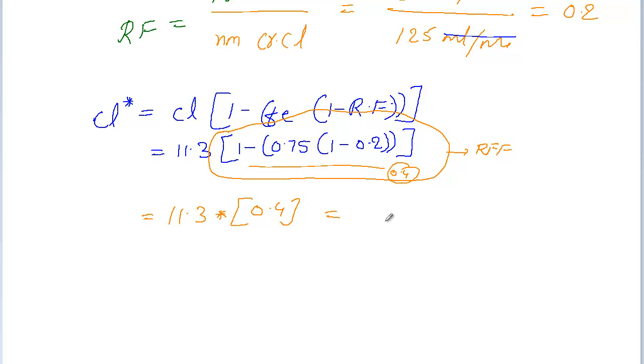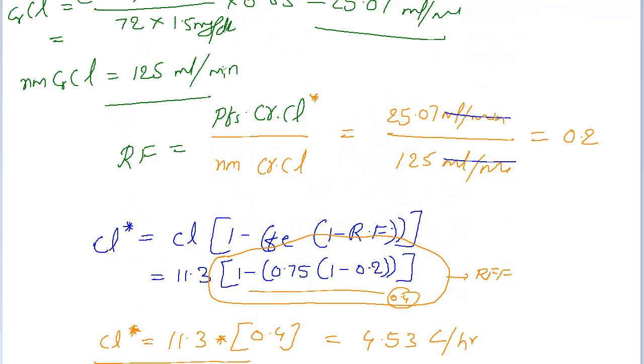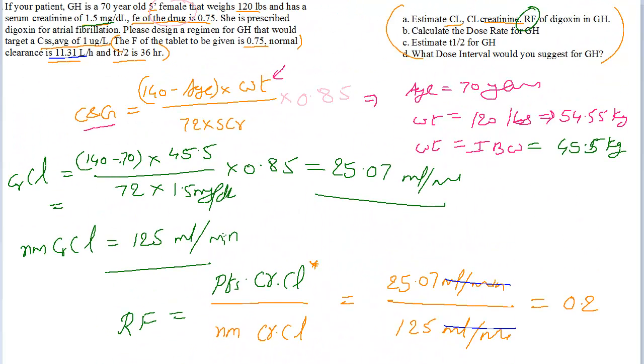Now if you multiply 11.3 times 0.4, the clearance in the patient is 4.53 liters per hour. Now that we know the clearance, we can calculate T half, your dosing regimen, everything, dosing rate, dosing interval, etc.